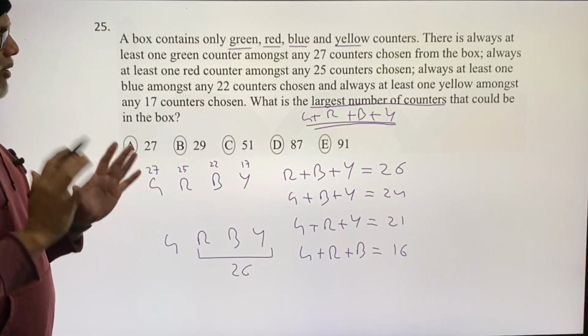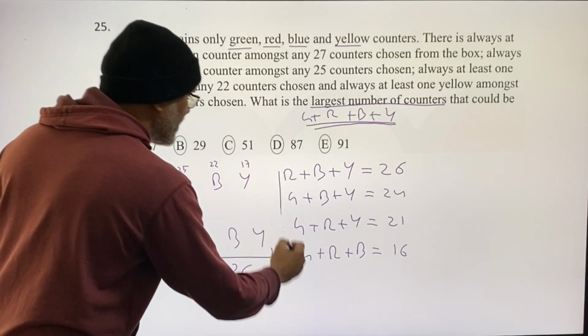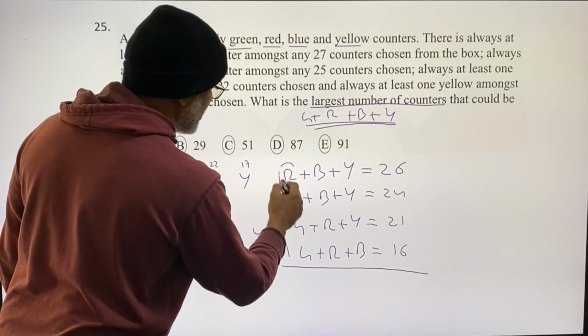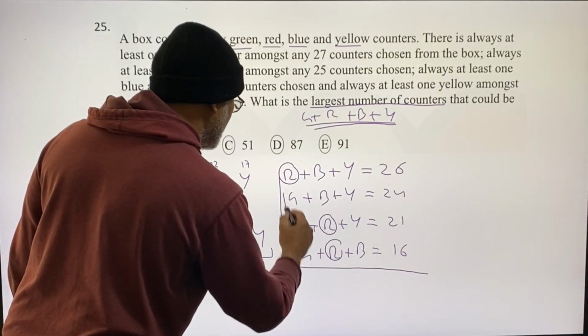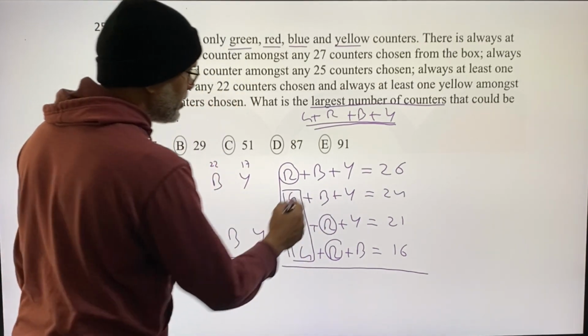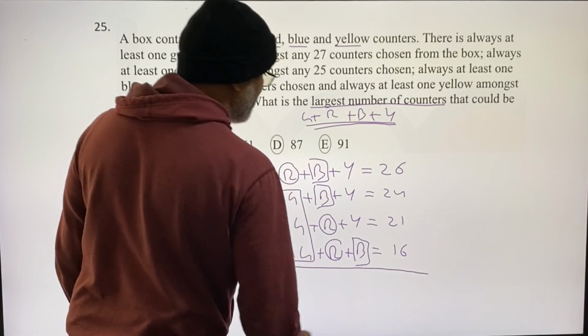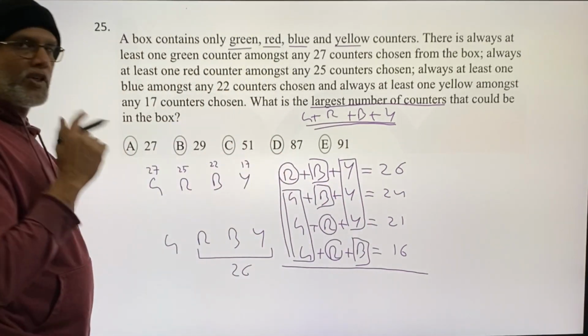Now, if you stare at these equations and add everything up together, I can see that there are 1, 2, 3 of red, 3 of green, 1, 2, 3 of blue, and 3 yellow. So every color appears 3 times.